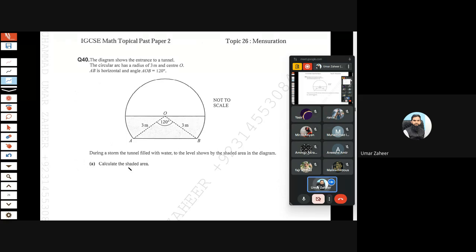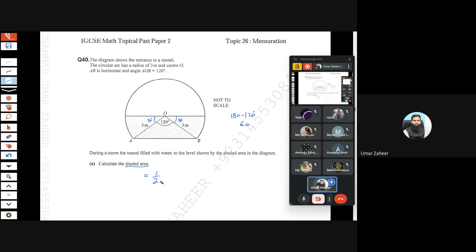Okay, here we have to find the shaded area. The whole is 120, so 180 minus 120, that will be 60 degrees. So this is going to be 30 degrees and this is 30 degrees. It is going to be easier. You have to find the area of a triangle and area of sectors.